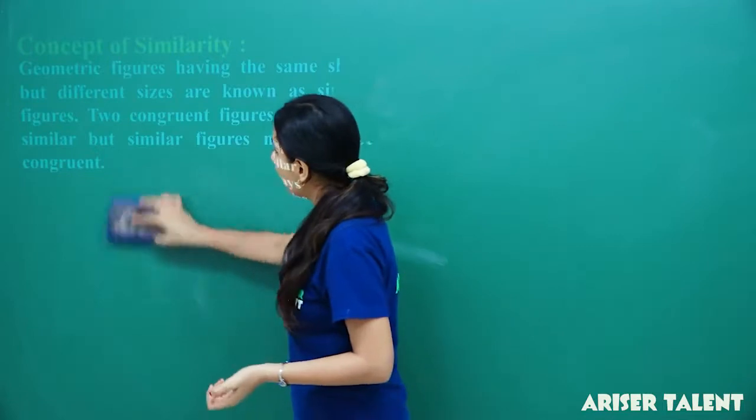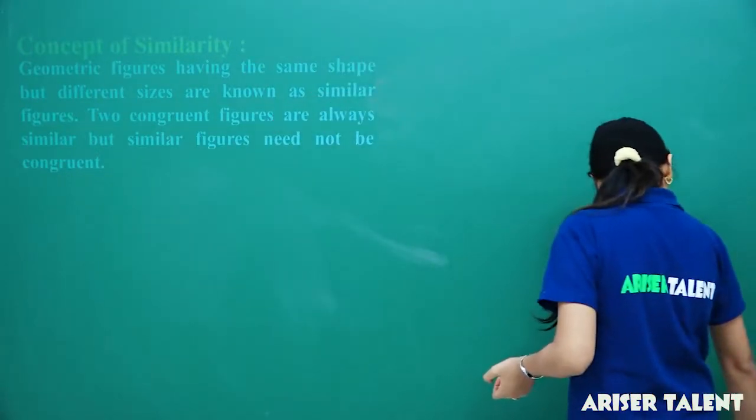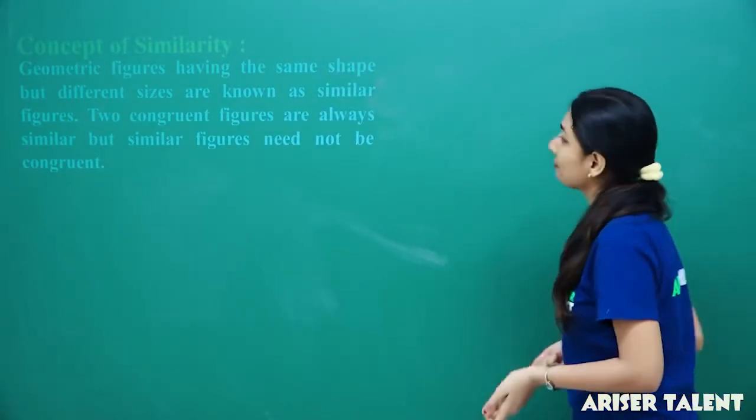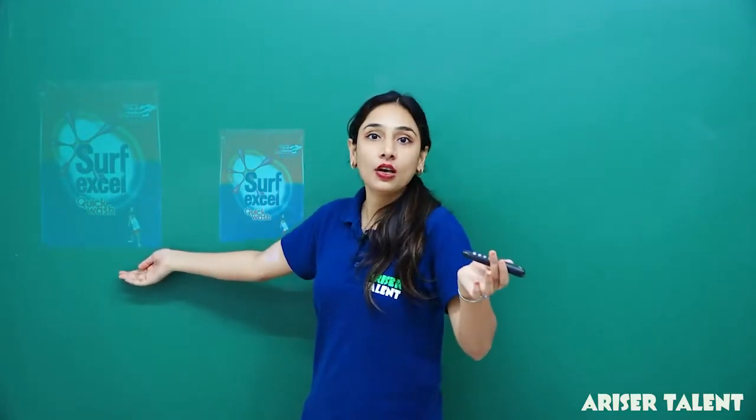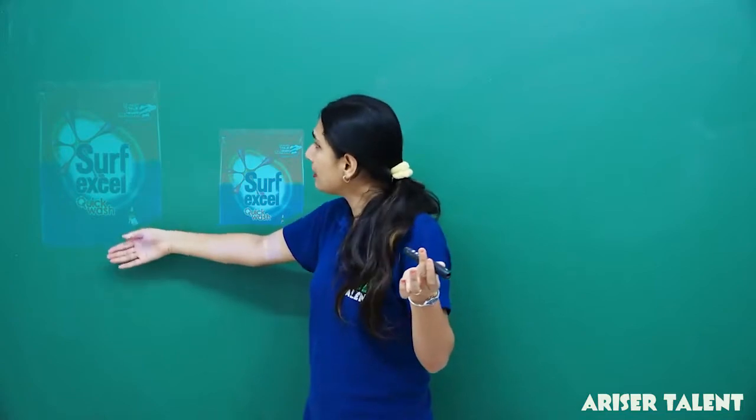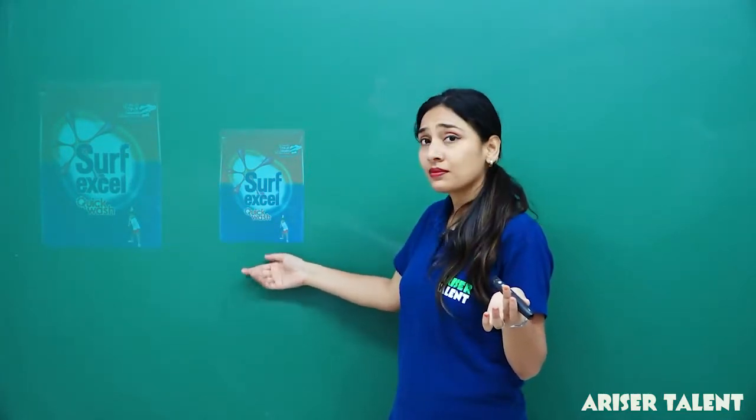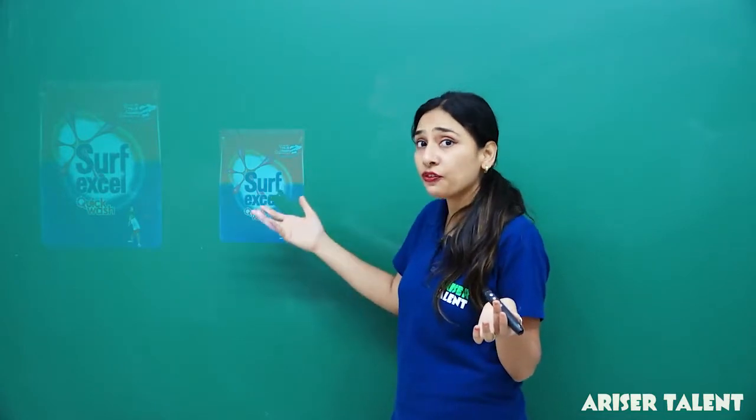We all use Surf Excel or any washing powder. Sometimes your mother buys 1 kg or 5 kg, sometimes 1 kg or half kg.